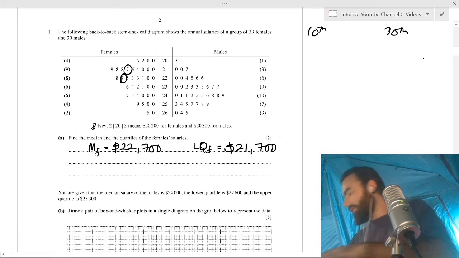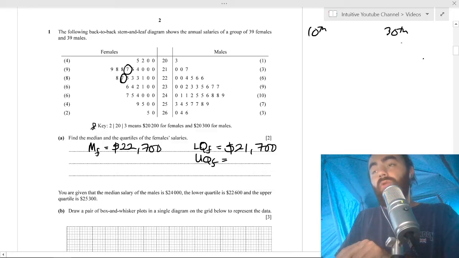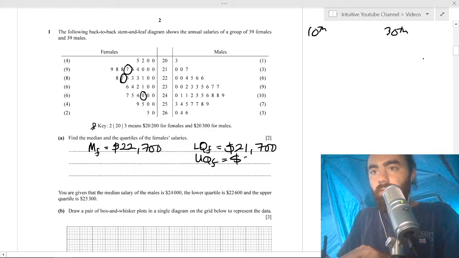And the upper quartile for females is going to be the 30th value, or 10 values in this way. So we've got 2, 6, 7, 8, 9, 10. So it's this one, 24,000.